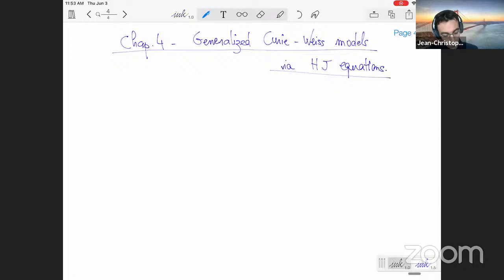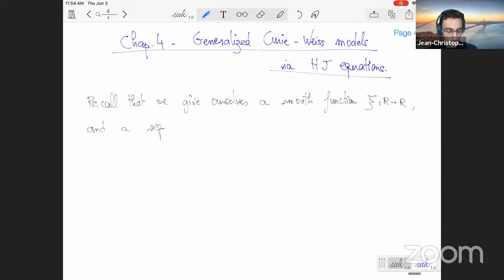So recall that we give ourselves a smooth function psi, and a sequence of probability measures Pn, and we assume that the norm of sigma is smaller than square root of n under Pn.